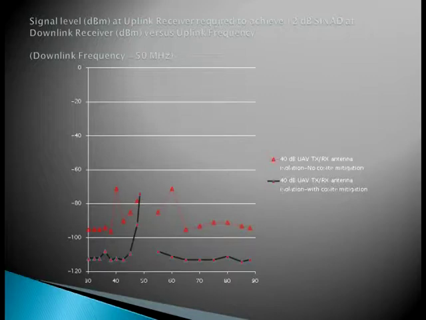Additional data is shown for several uplink frequencies beyond the 32 MHz case shown in the video, all with a fixed downlink frequency of 50 MHz. Given that the nominal sensitivity of the radio used in this demonstration is -116 dBm, we can see that, despite the presence of Cosite interference, the Cosite mitigation units restore the UAV's uplink receiver sensitivity to its specified performance level.